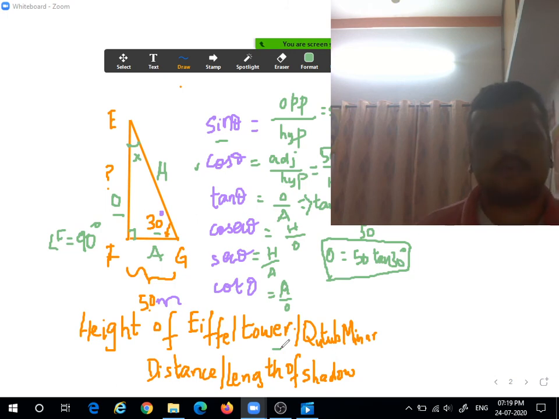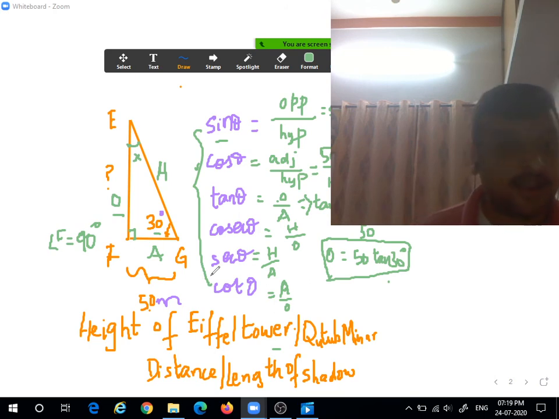You can also find the various relations, cos theta, tan theta, and these six trigonometric relations using the trigonometric table. So that's how you find the height of the Eiffel Tower. Is it not wonderful, students?